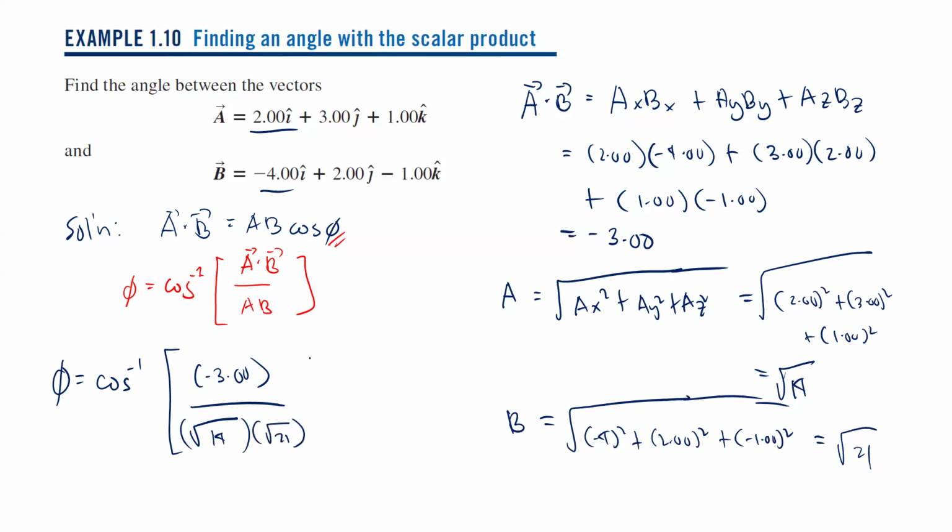Okay, so our angle is the inverse cosine of negative 3 over the square root of 14 multiplied by the square root of 21.